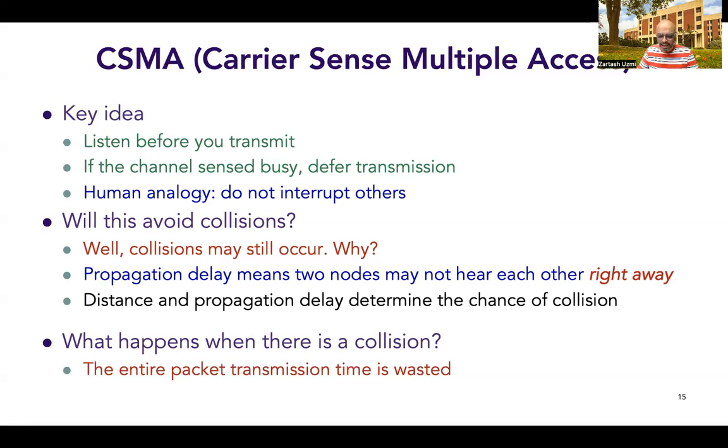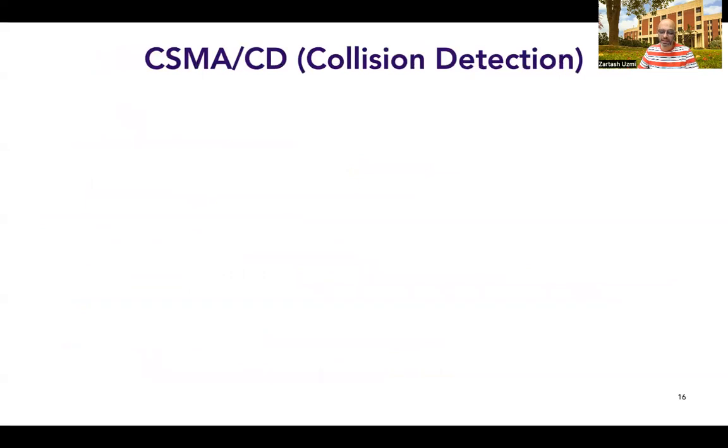An enhancement to the carrier sense multiple access is carrier sense multiple access with collision detection. As soon as you detect the collision, you stop transmitting. Even if your transmission is not finished, you have transmitted maybe 5% of the packet bits, you just abort, you quit transmitting that packet.